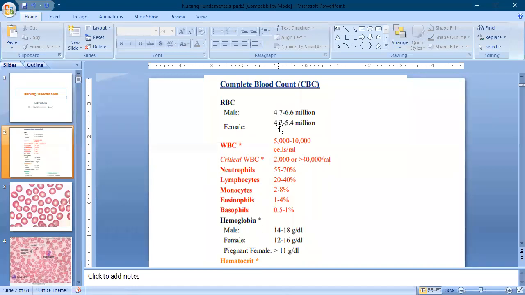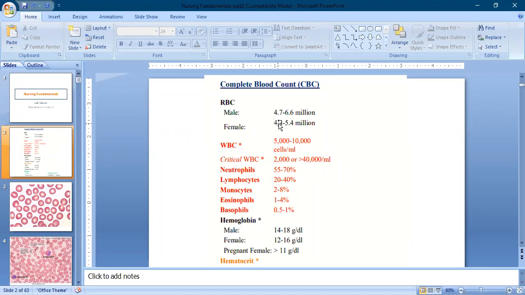The number of red blood cells in man is a little bit bigger than female, because female blood loss is more than man, like menstruation every month, right?